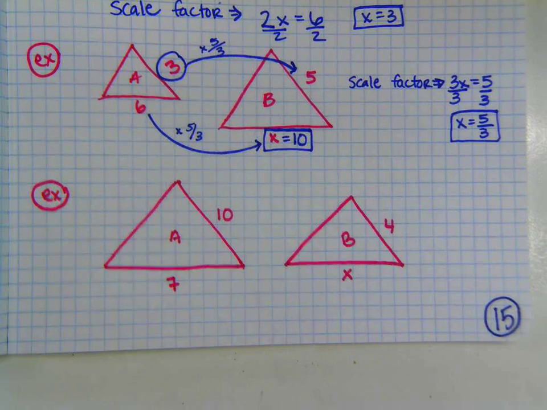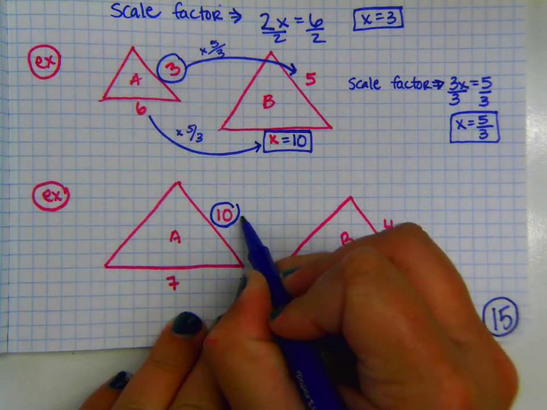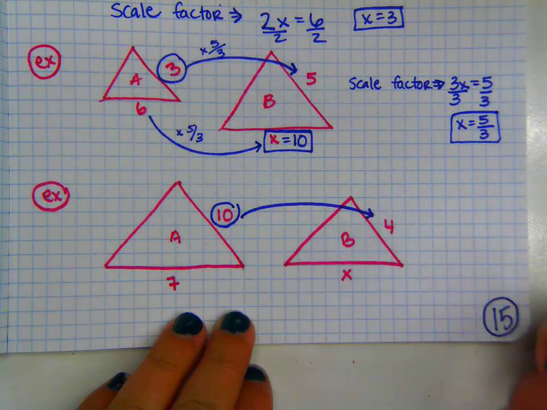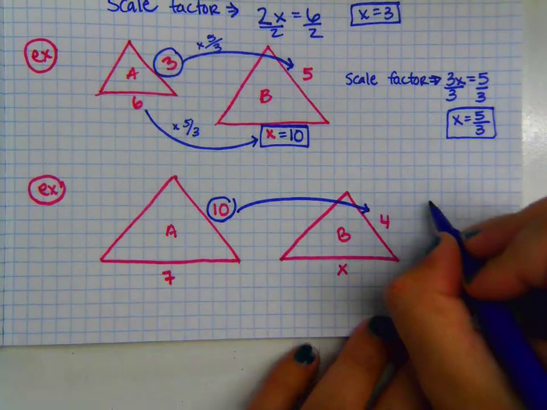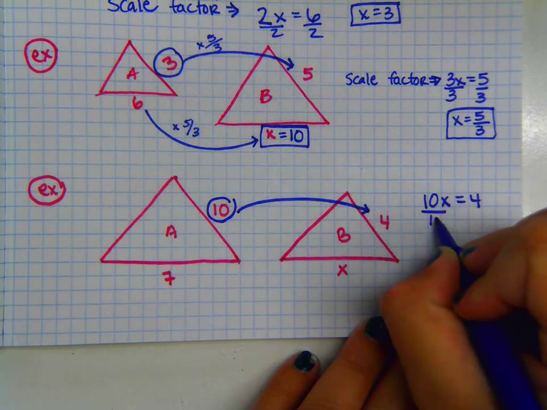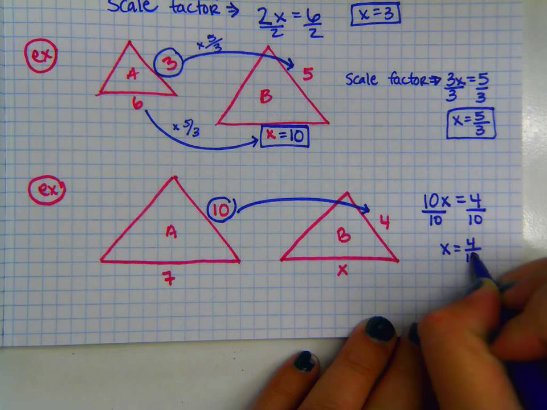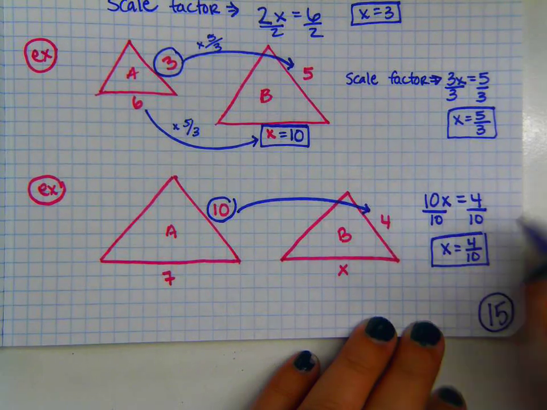So when you found your scale factor, you said 10 times something is going to give me that 4. So 10 times something equals 4, divide by 10, x equals 4/10. That's the scale factor.